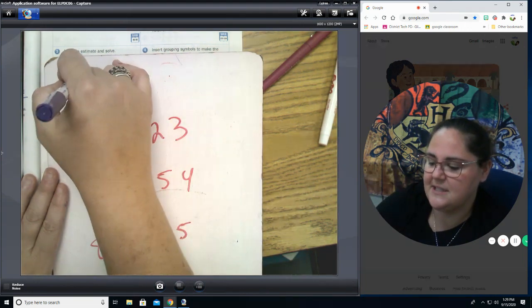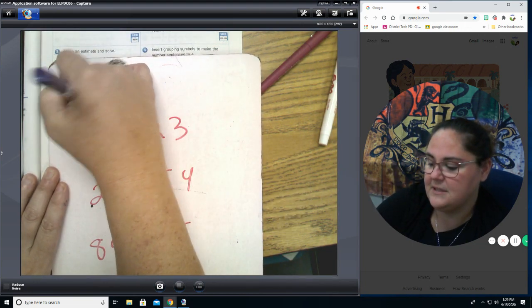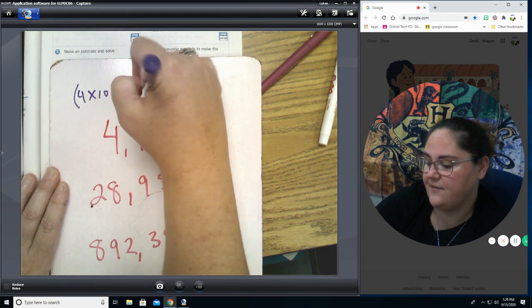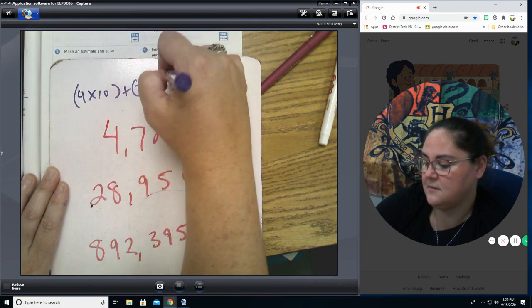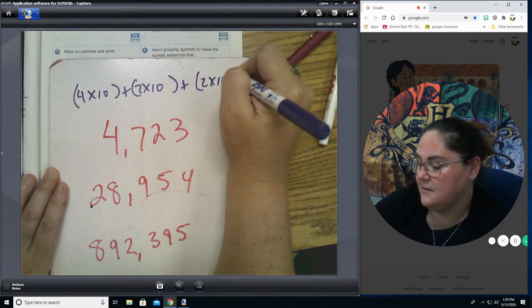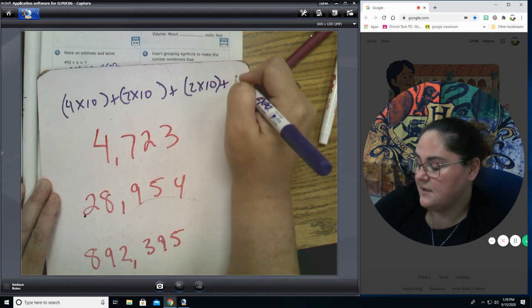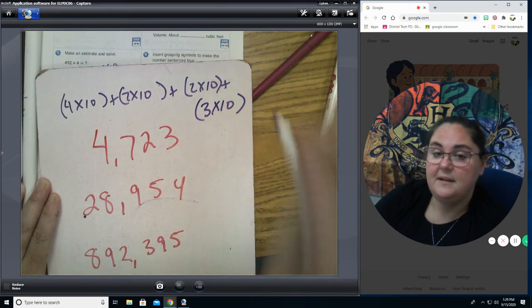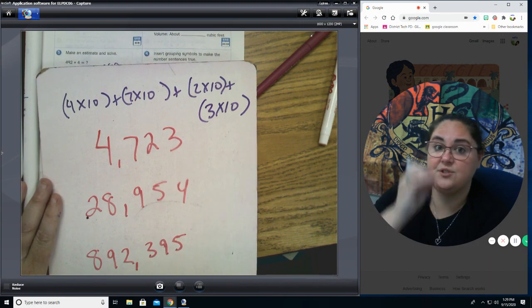The way you do this expanded form is you're going to write 4 times 10 plus 7 times 10 plus 2 times 10 plus 3 times 10. Now I'm going to count starting with 0.